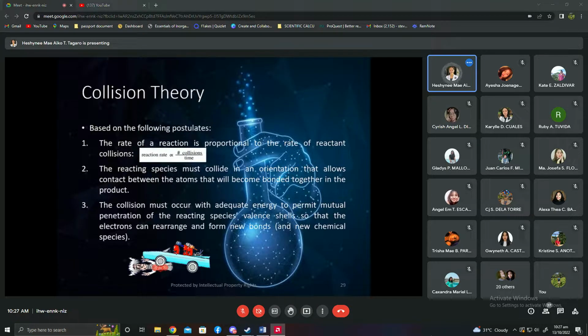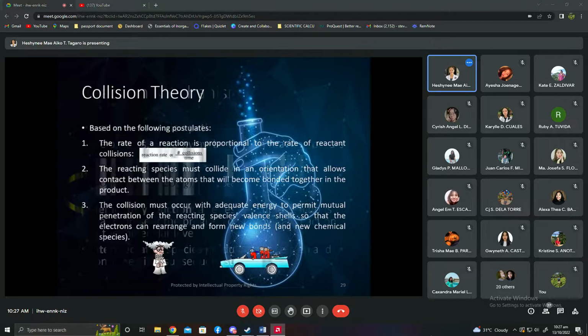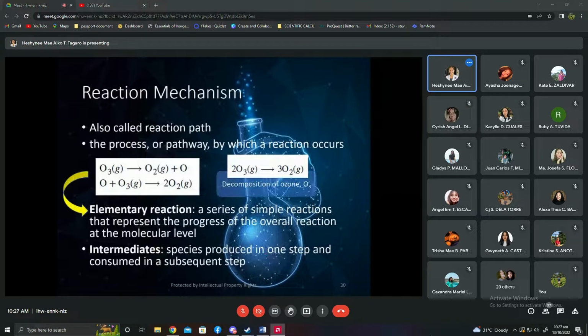All right. Next, a balanced chemical equation is a description of the overall result of a chemical reaction. However, what actually happens at the molecular level may be more involved than is represented by a single equation.